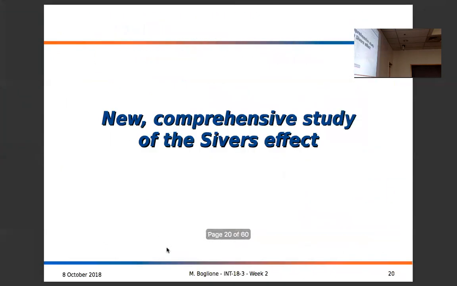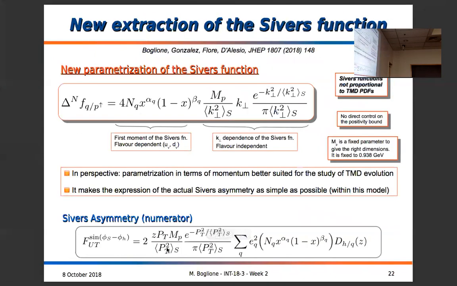But now the number and the quality of the data allow for a different parameterization, which does away with the collinear unpolarized PDF, and we can have this factorized form. It's still like a Gaussian in k-perp multiplied by a functional form for the x dependence, but there's no PDF input anymore.